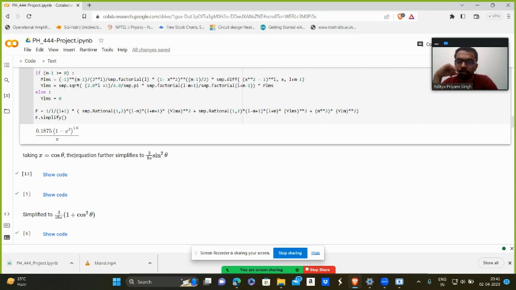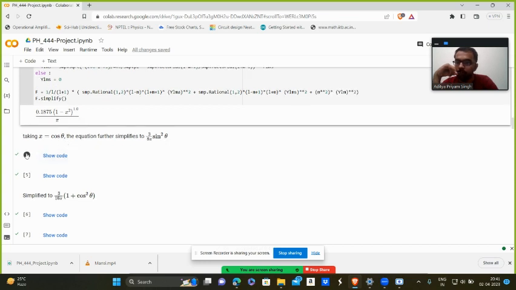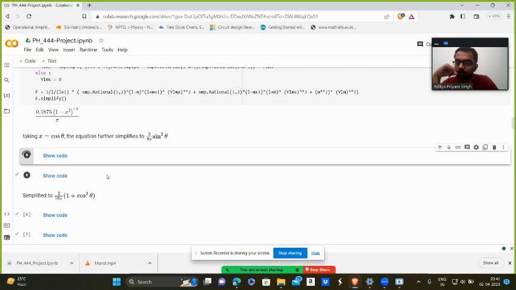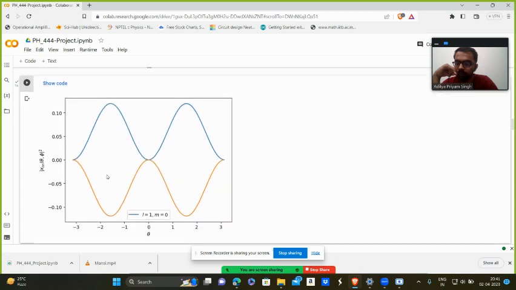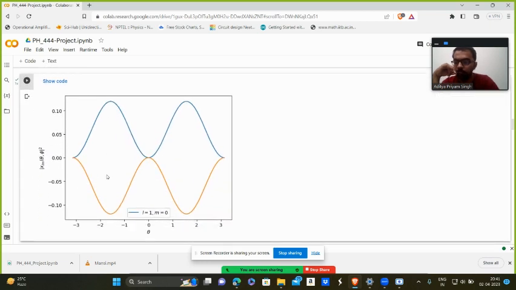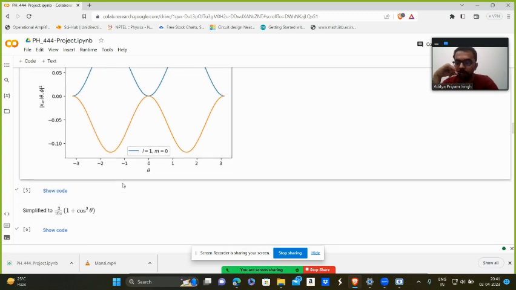On substituting that, this equation will be further simplified to 3 over 8 pi of sine square theta, and upon plotting this, we'll get this dipole radiation pattern for L equal to 1 and M equal to 0.